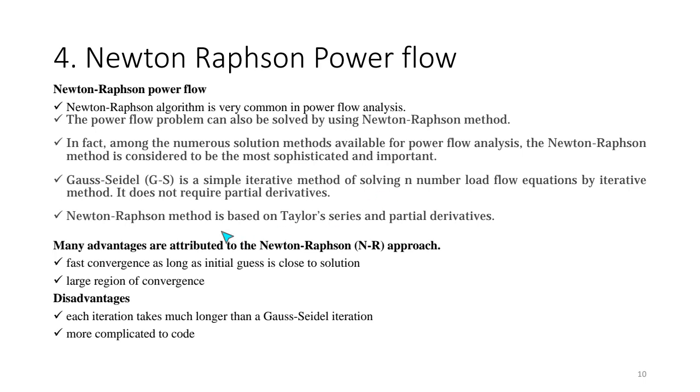Newton-Raphson does not depend upon the complexity of the system, which can be determined by the number of buses connected in the network. So Gauss-Seidel is good if the network is simple with a minimum number of buses, whereas the Newton-Raphson method can be applied from small scale to large scale systems.